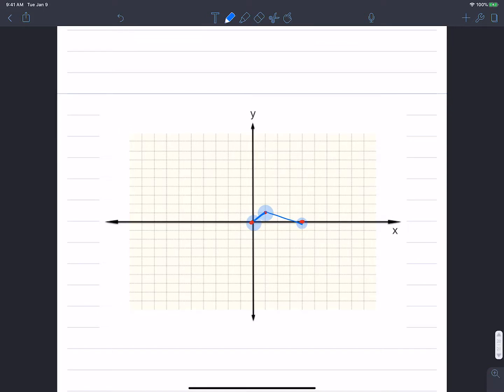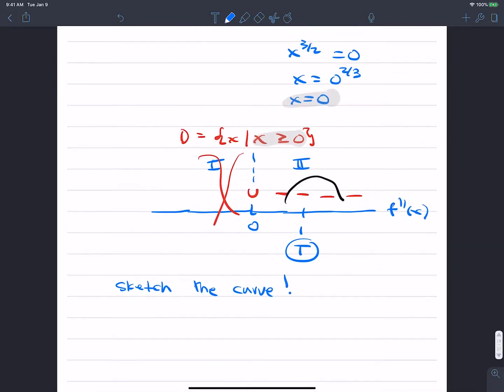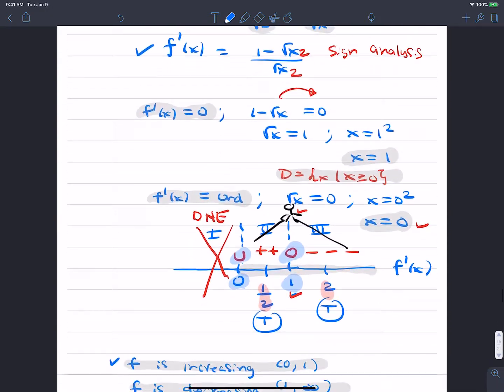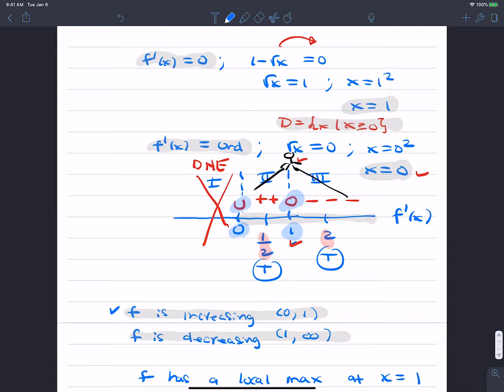Decreasing. Is that true? If you go back and you look at that sign analysis on the first derivative, we're looking at this picture right here. Let's get rid of all this colorization since it may be distracting. This is the hill we're looking at right here.